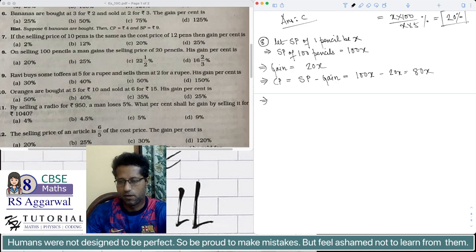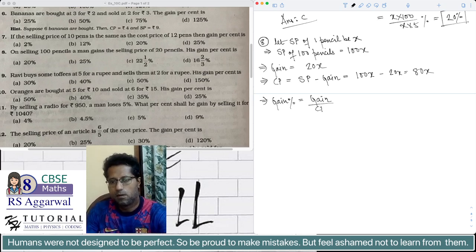These are all based on 100 pencils, and so we can say the gain percent is equal to gain divided by cost price multiplied by 100, this much percentage.